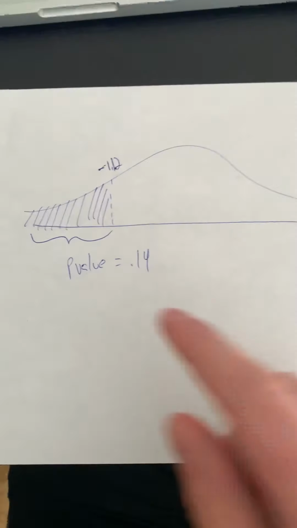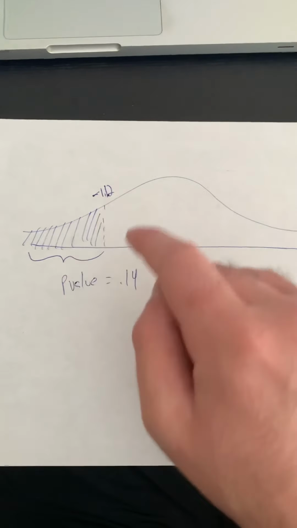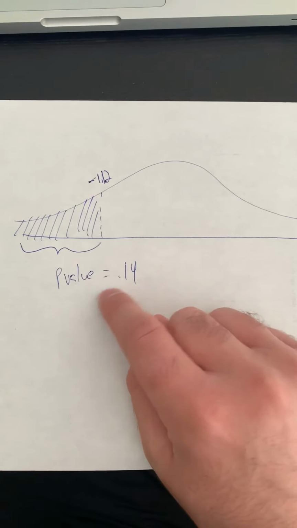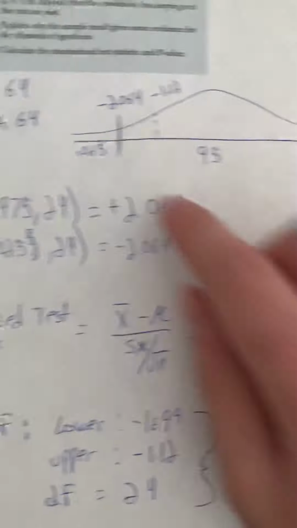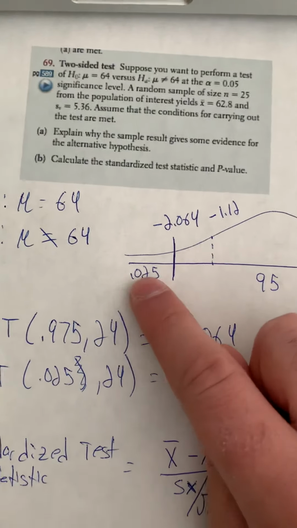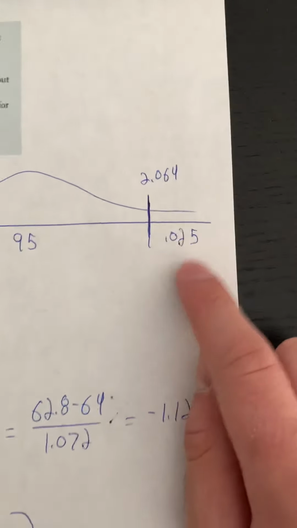So if I'm looking on the back here, right, I made a new distribution. The area to the left of this test statistic on a t-distribution is about 14% of the area under the curve. That does not fall in the lowest 2.5%, and it does not fall in the highest 2.5%.